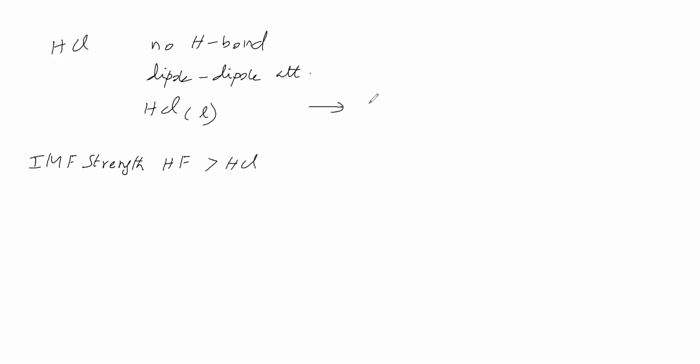Sir, this liquid we are converting into vapor, for which we have to bring this liquid to a certain temperature, that is called the boiling point of HCl. At that temperature, this HCl liquid is converting into HCl vapor. Okay.